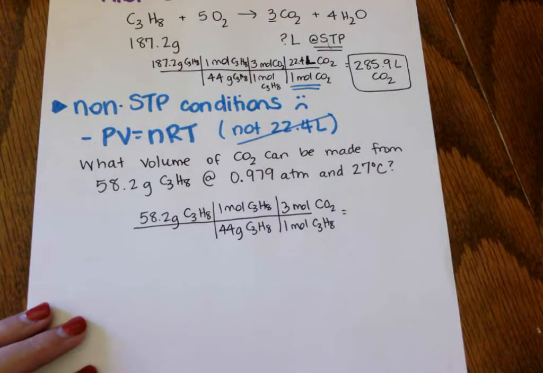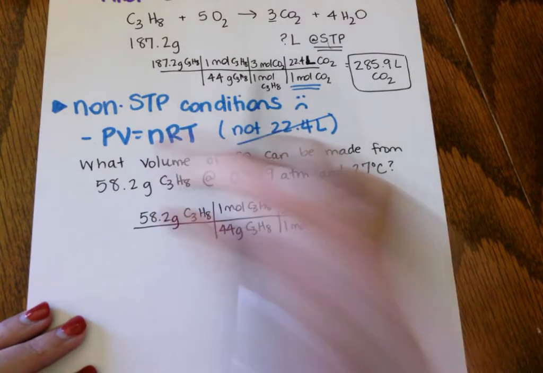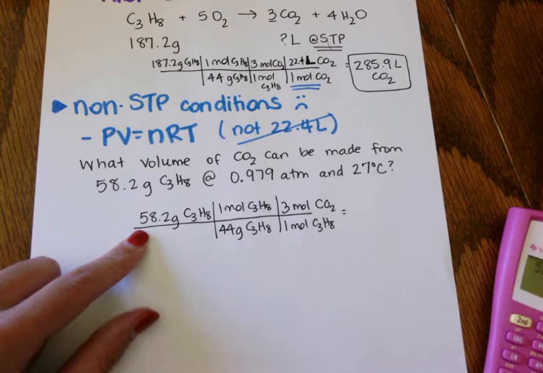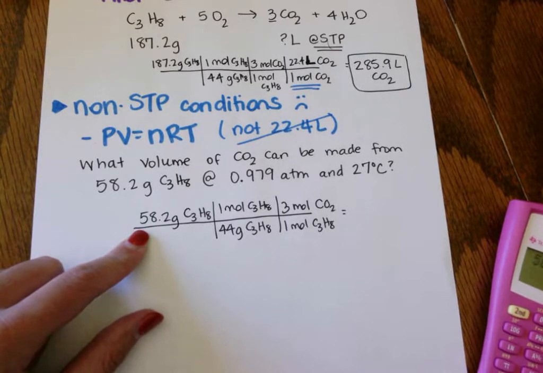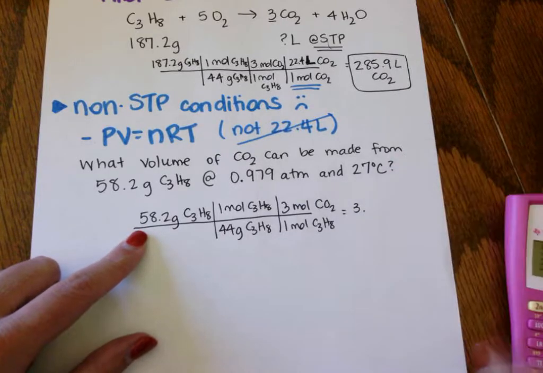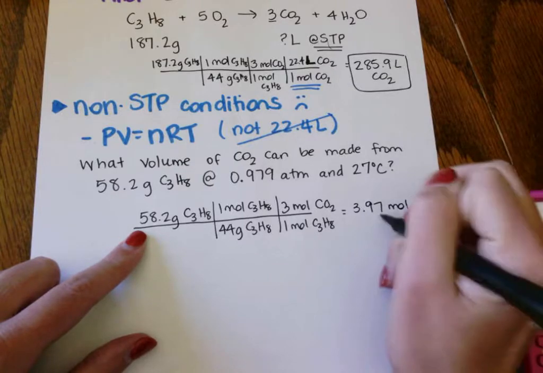But I need to stop here because I can't find volume. I've got to plug my moles into PV equals nRT. So 58.2 divided by 44 times 3 is 3.97 moles of carbon dioxide.